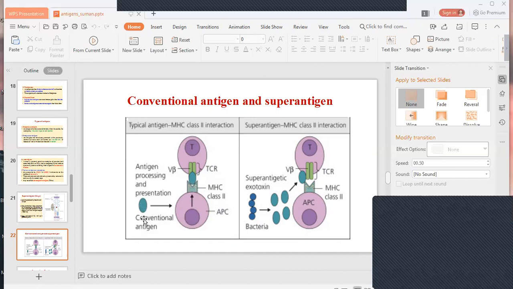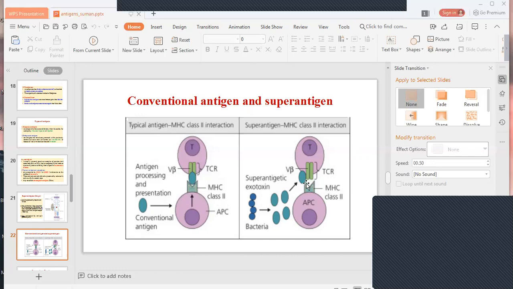And this is the conventional antigen. Now they are processed and presented by the antigen presenting cell in association with MHC class 2. And here is the CD4 plus T cell that has a specific receptor, TCR. This antigen has an epitope that can bind with this T cell receptor, forming a complex.